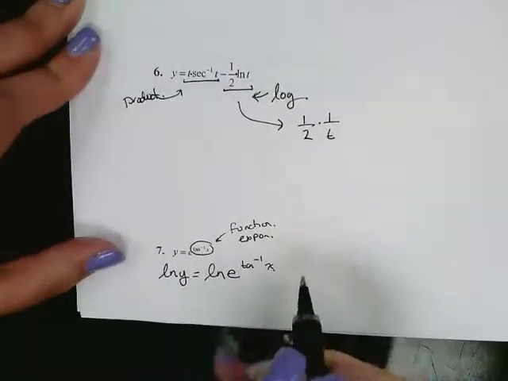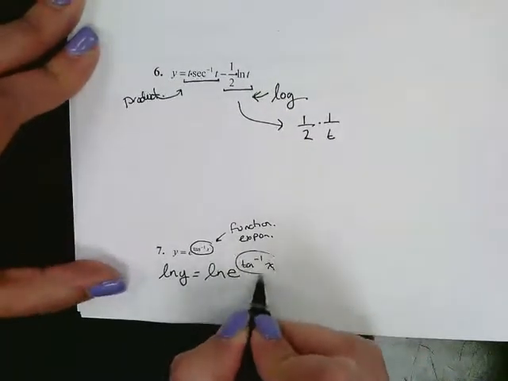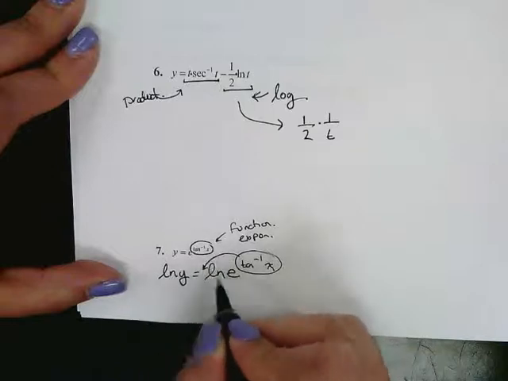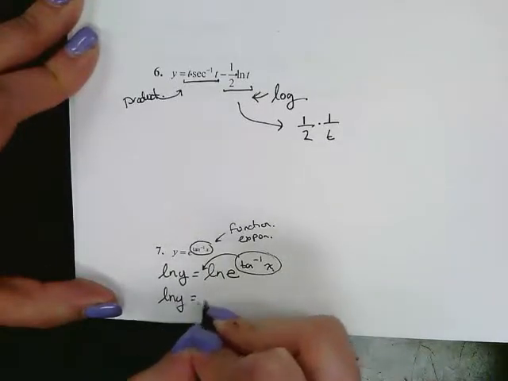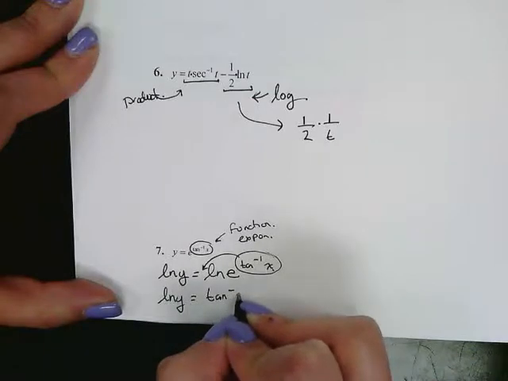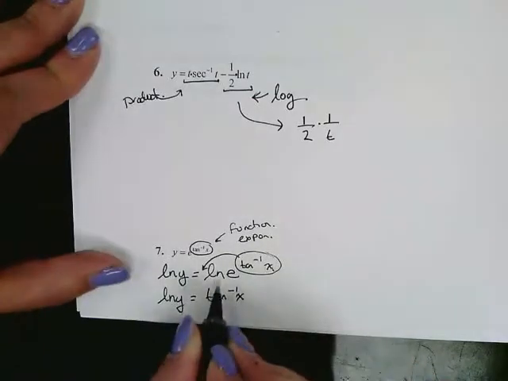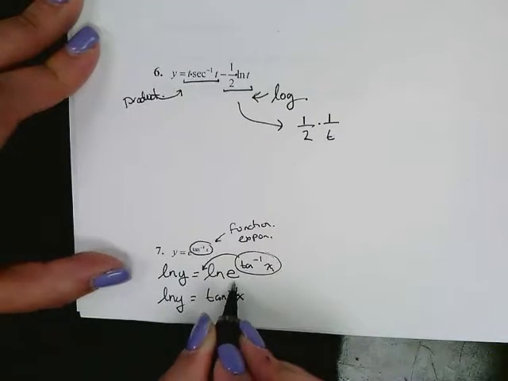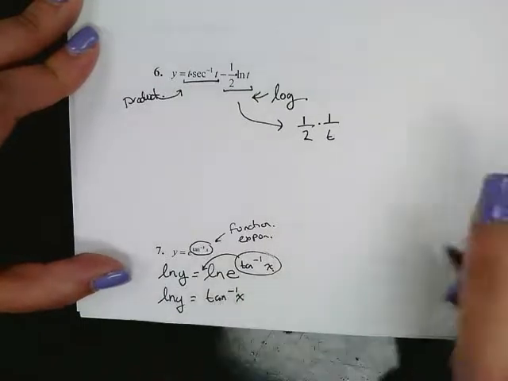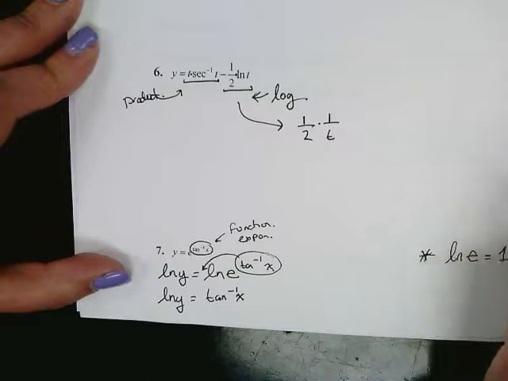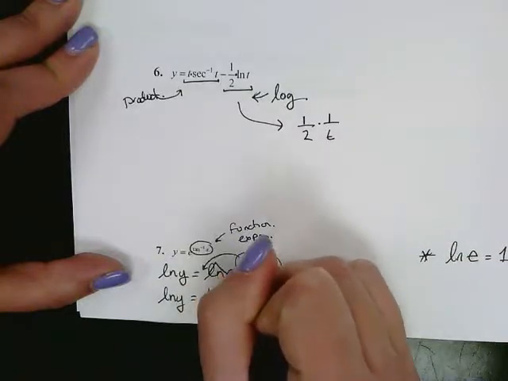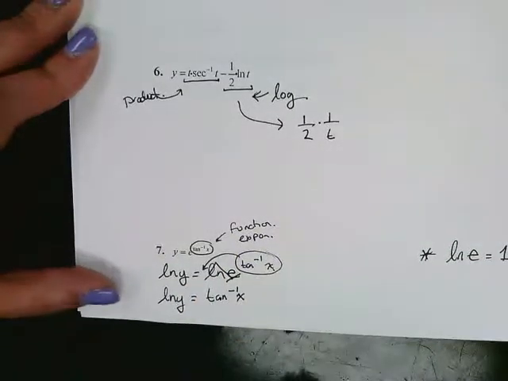And what that does is it allows us to bring down that exponent. So this becomes ln of y equals inverse tangent of x. And ln of e is just 1. So side note, ln of e is equal to 1. So really we can just cancel that out altogether.